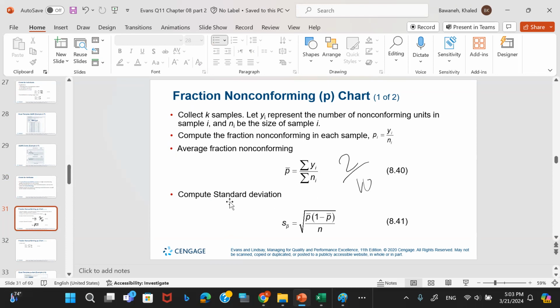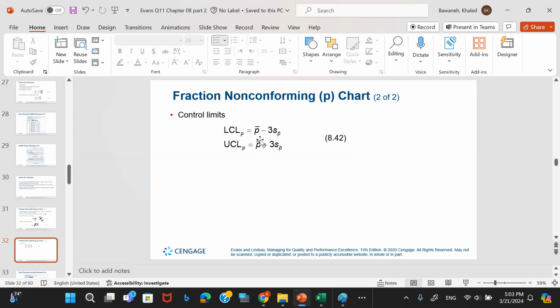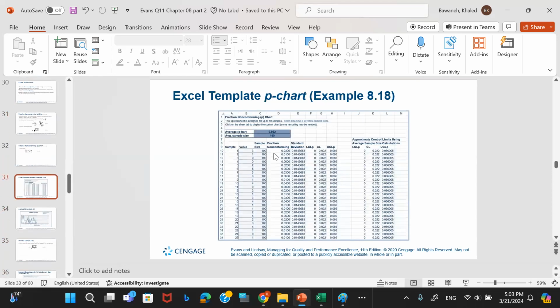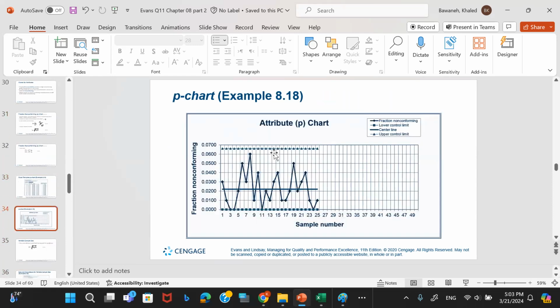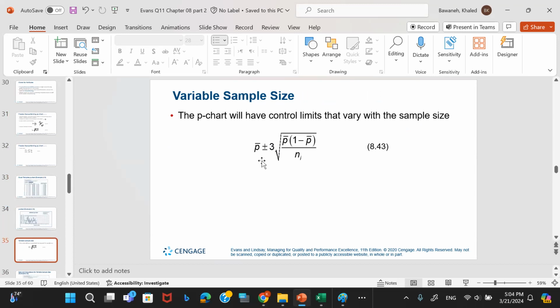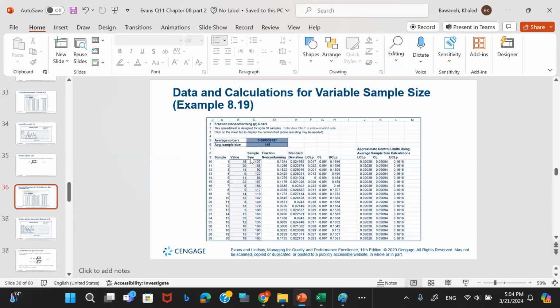Here they use the pooled standard deviation, and then they use a formula like this, which is P bar plus or minus the fraction standard deviation. The control limits are P bar plus or minus 3 times the square root of P bar (1 minus P bar) over n.